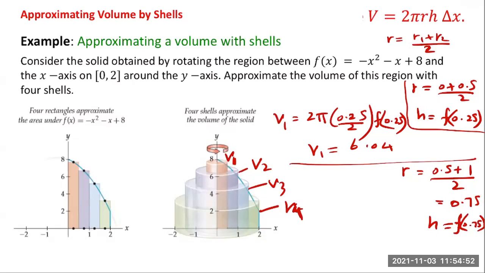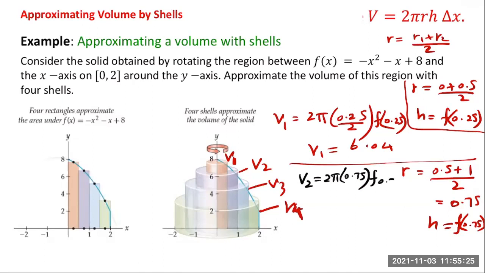Now we are ready to find the volume of the second shell. V2 is equal to 2 pi times R. What is my R? R is going to be this quantity, right? I found R here, which is 0.75. 0.75 times H. H is F of 0.75.